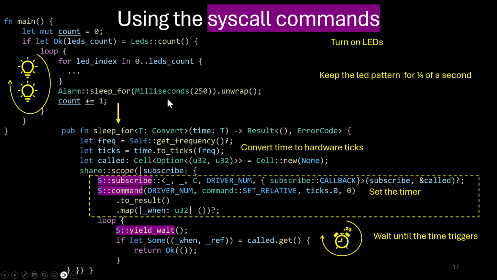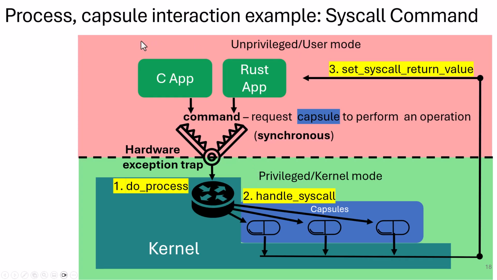Now, with this code, if we take a step back and look at how the code in general interacts with the kernel, between the user process and capsule. The basic flow for a command, such as the command for setting the alarm, is that the process will call that syscall command. Then there's that trap, or hardware exception trap, the interrupt, so that the kernel takes over.